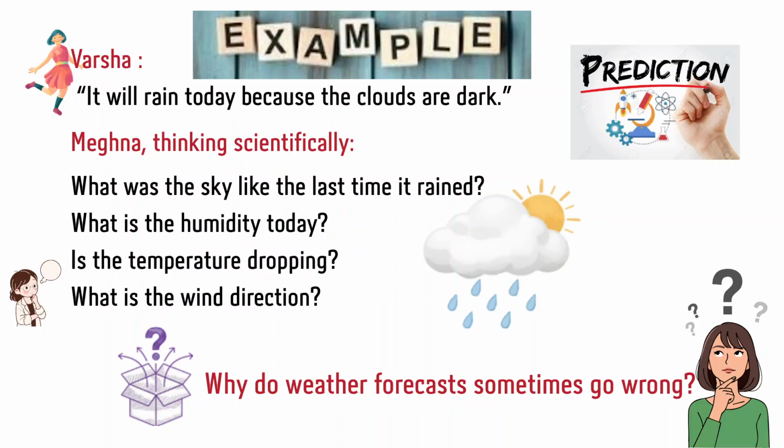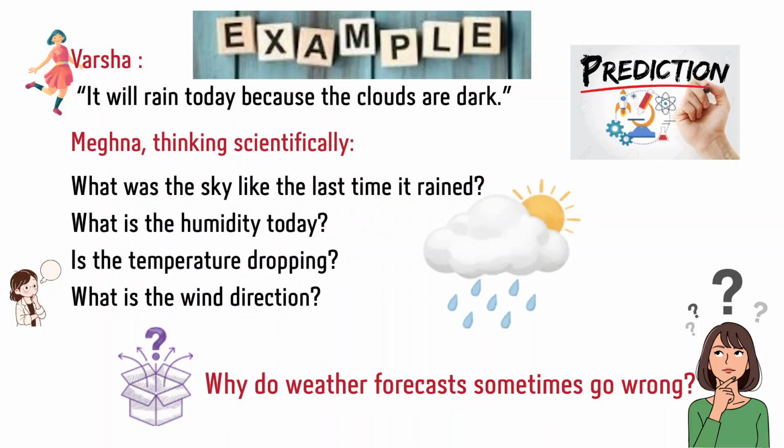Scientists collect measurements from satellites, radars, and weather stations and use powerful computer models to predict what may happen next. But here's the challenge: even a tiny change in one condition can grow over time and completely change the result. A small shift in wind direction or temperature today could lead to very different weather tomorrow.